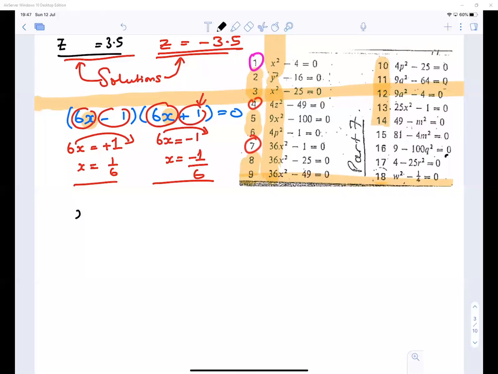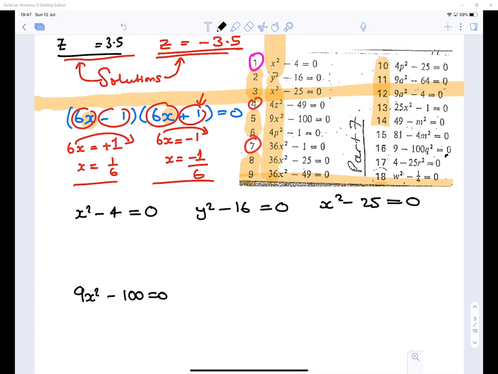So let's have Abdullah, please. Unmute yourself. And then we're going to have, we did that one. So 9x squared minus 100 equals 0.